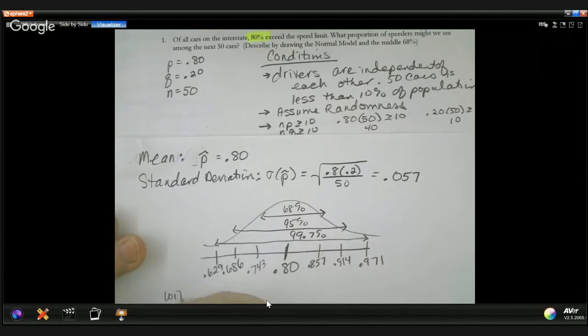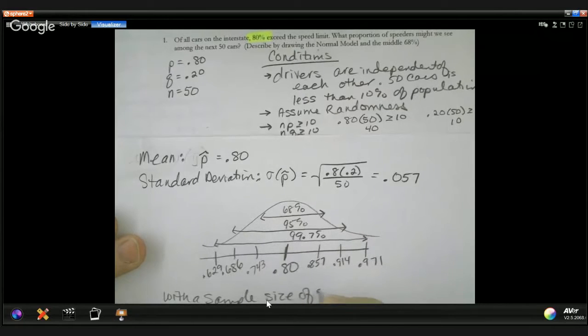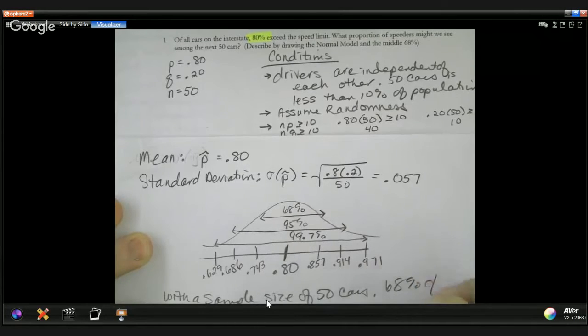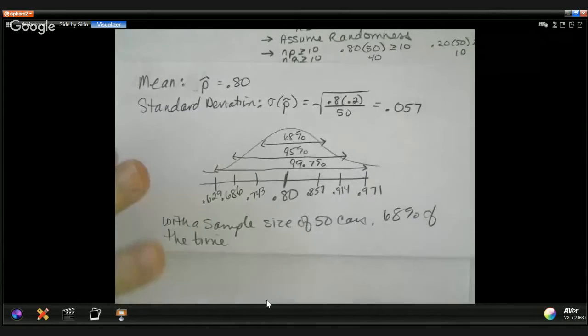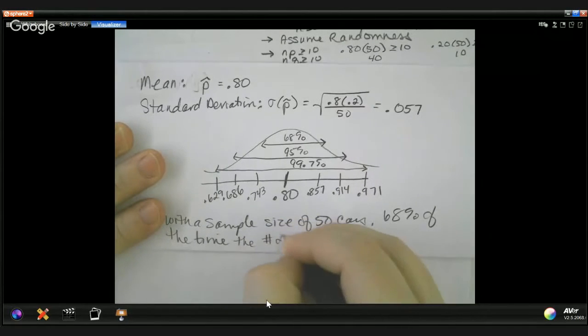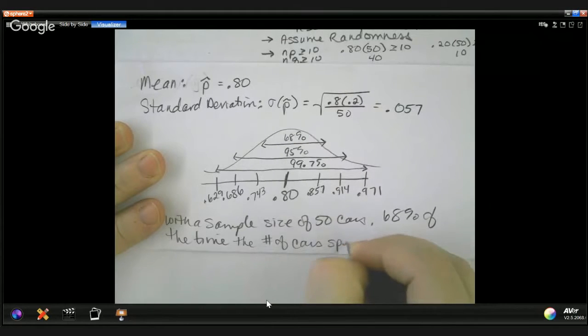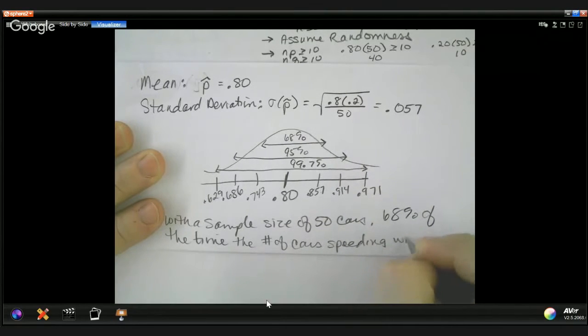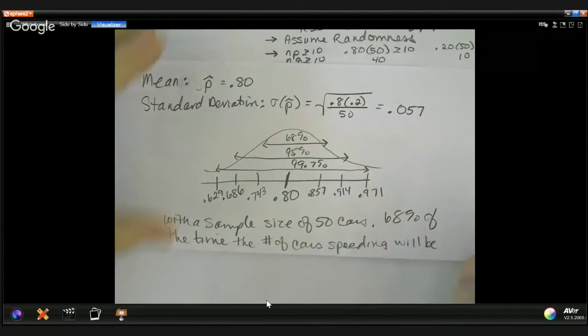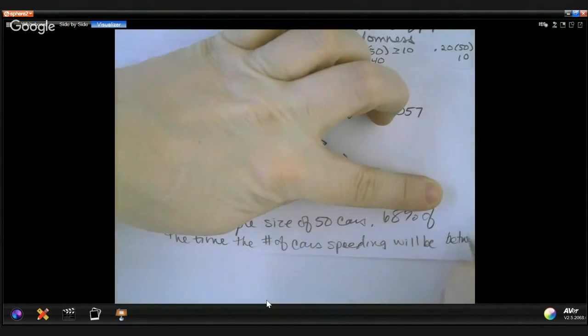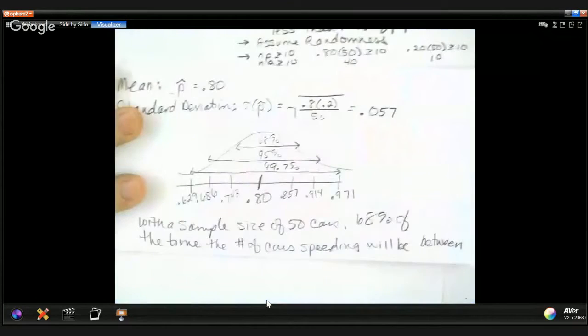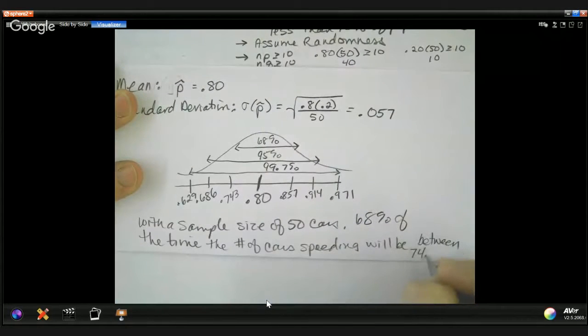So with a sample size of 50 cars, 68% of the time, the number of cars speeding will be, run out of space, between 74.3 and 85.7.